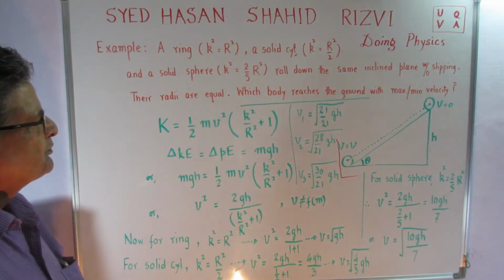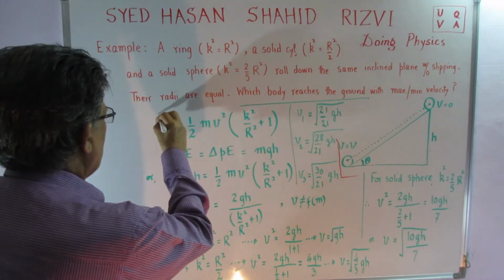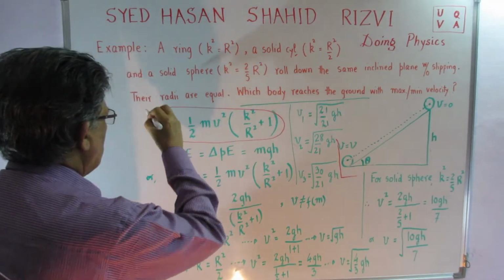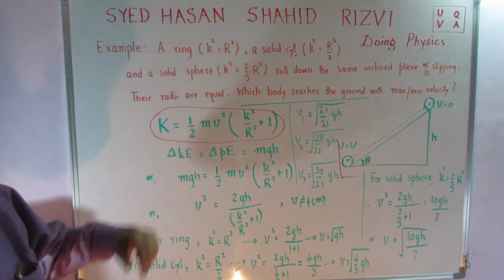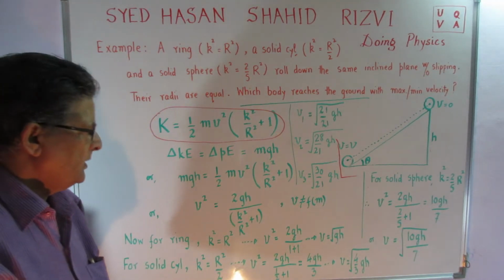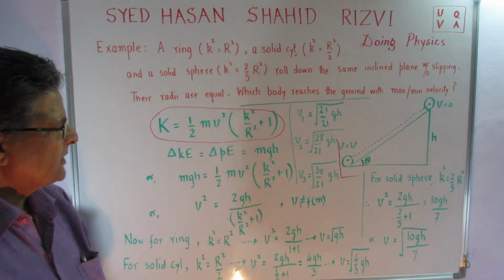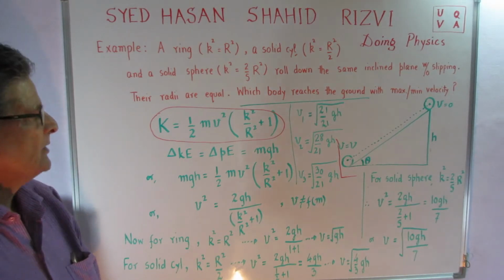Then we write the equation which we had derived just now about the total kinetic energy of the system, which is equal to half mv square, the translational kinetic energy, multiplied by k square upon r square plus 1.